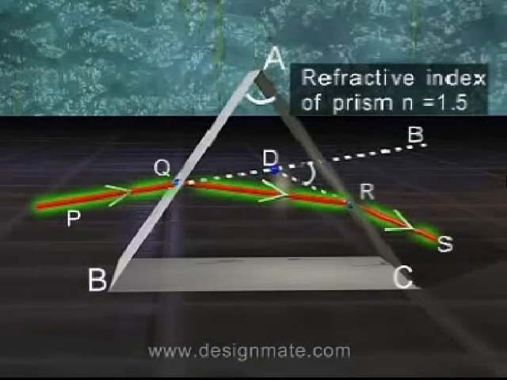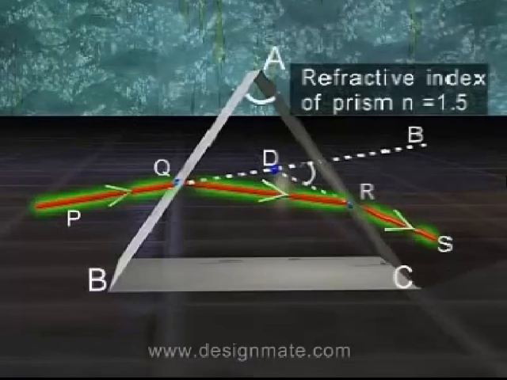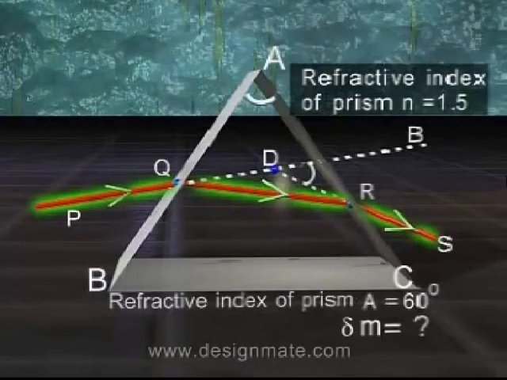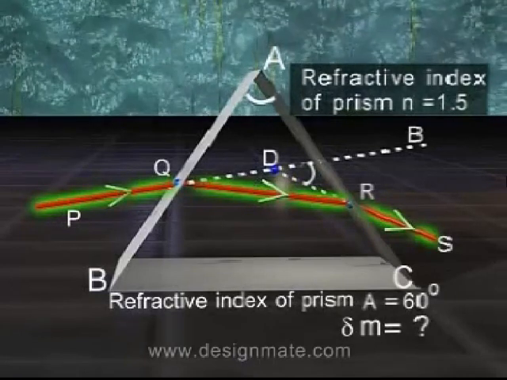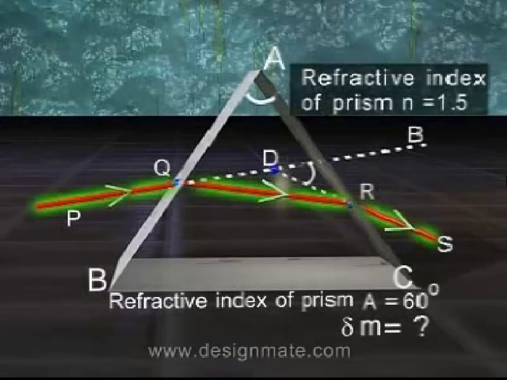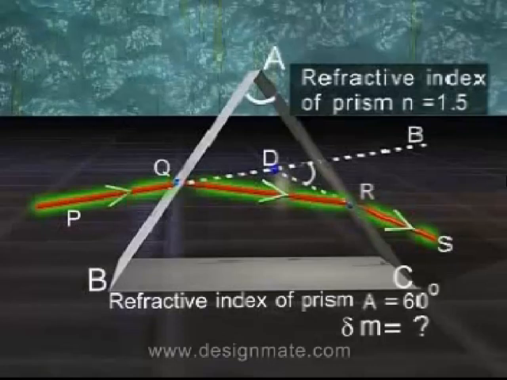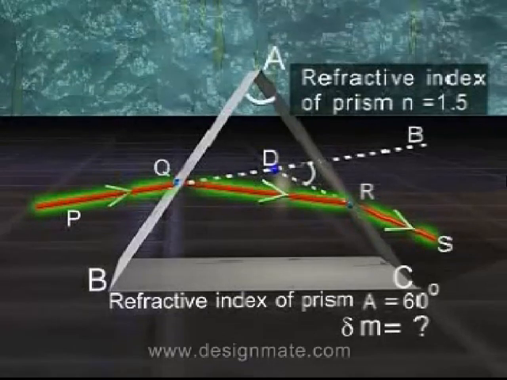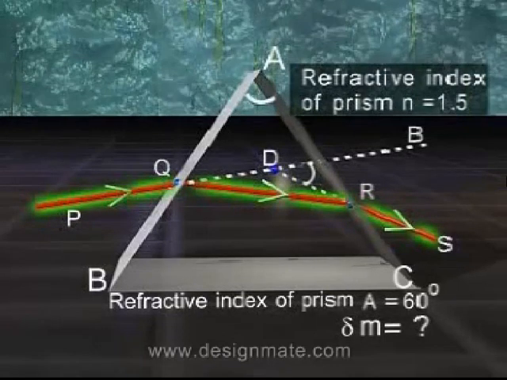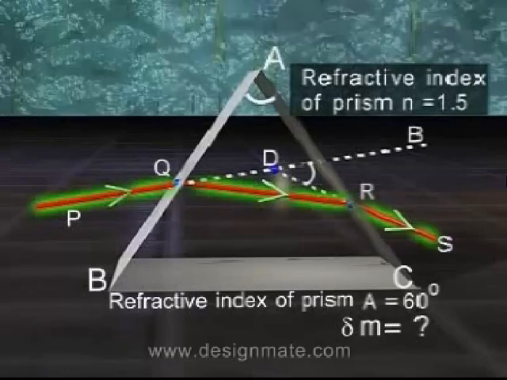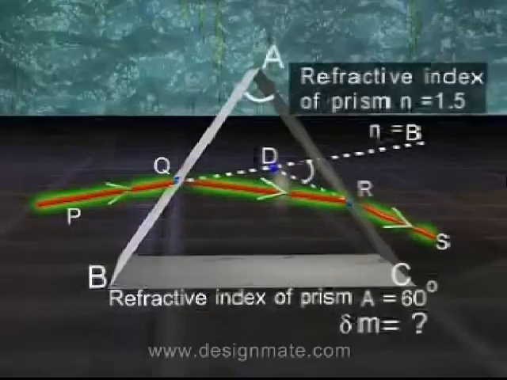The refractive index of the material of prism is 1.5. The angle of prism is 60 degrees. Find the angle of minimum deviation for the prism. N is equal to 1.5. A is equal to 60 degrees. Delta M is to be found.